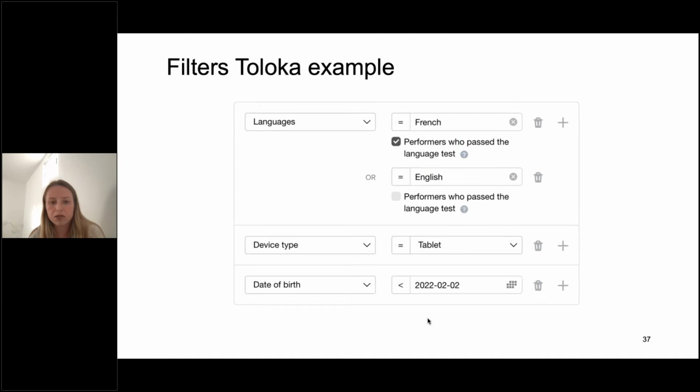This is an example using Toloka. So here we are just choosing people who speak French, and additionally, they have passed a specific French test, or they speak English. We do not require a test to be passed here. And we only take people that use tablets, and we choose only people that have been born before a certain date. So you should basically adjust those filters according to the needs of your project.